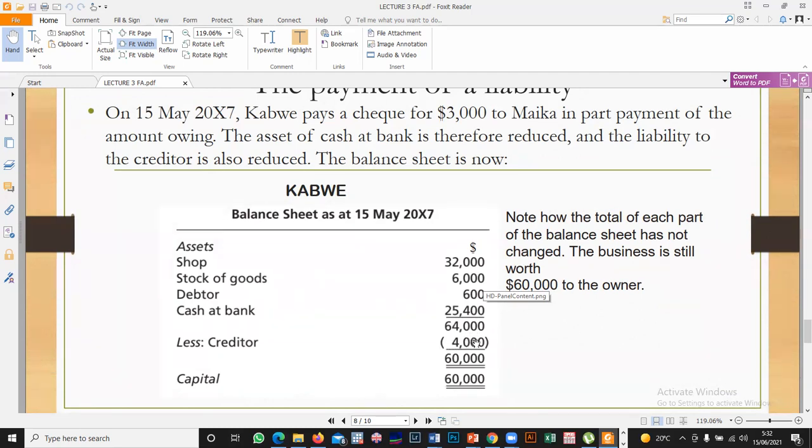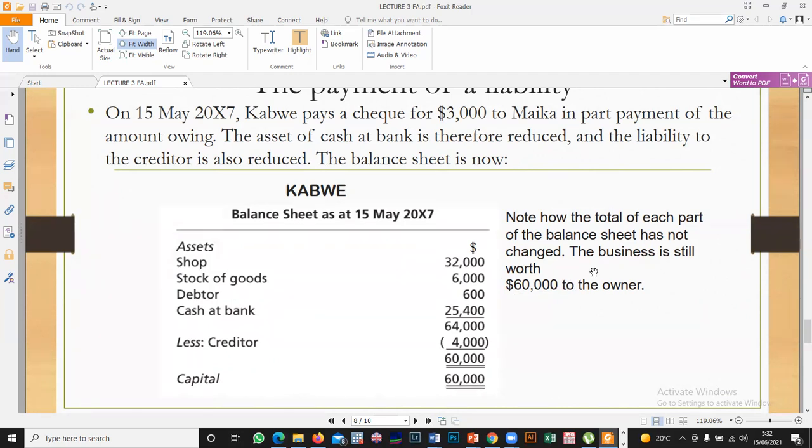Our creditor has remained with $4,000. The total will still land us at $60,000, and our capital still remains $60,000.